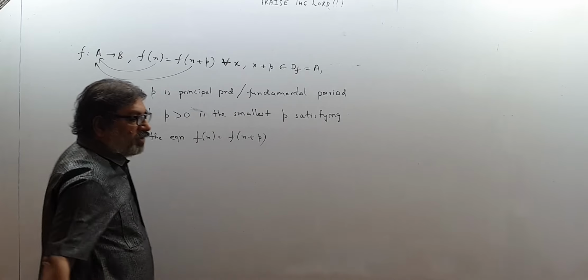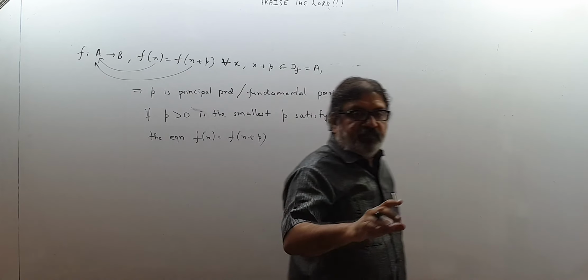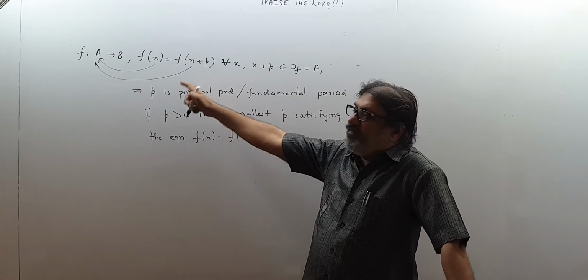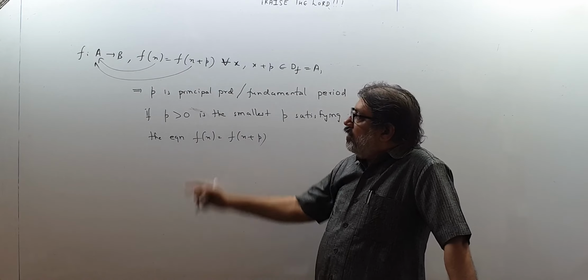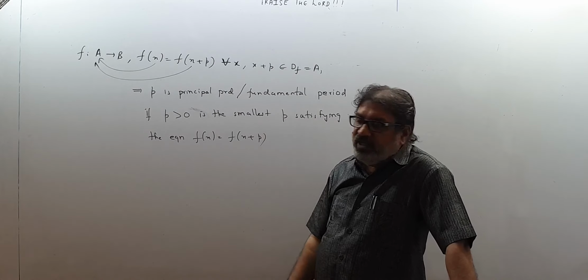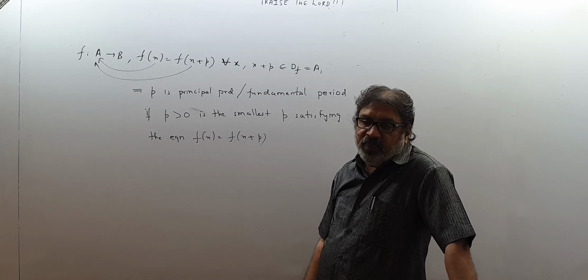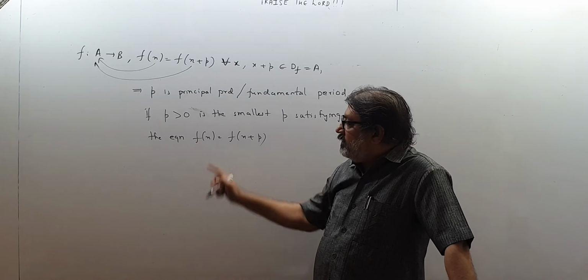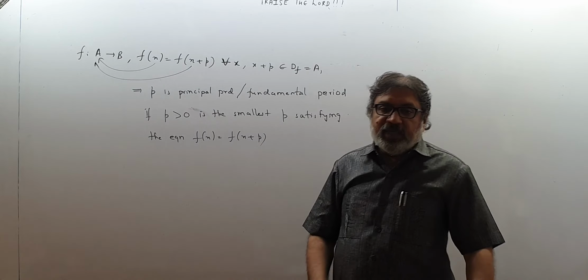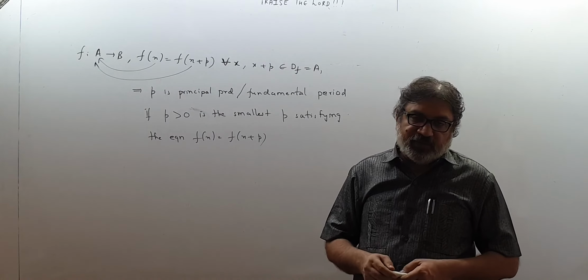So p should be a positive number and it should be the smallest number satisfying this equation, f of x equal to f of x plus p, for all x and x plus p belonging to the domain of the function. If such a p is got, which is the smallest positive number which satisfies f of x equal to f of x plus p, then p is called the principal period of that function.